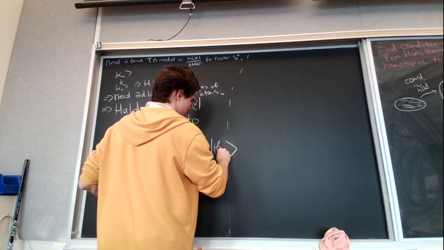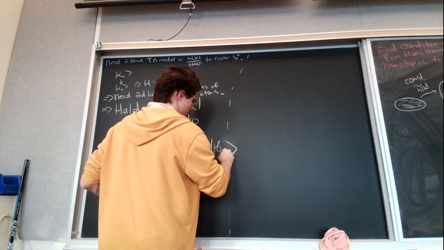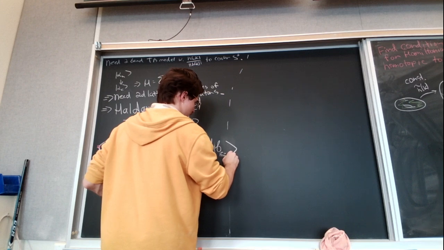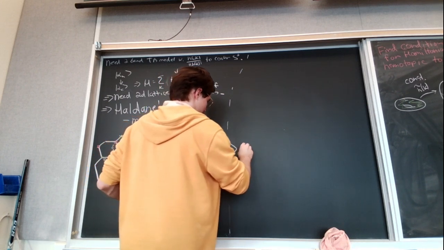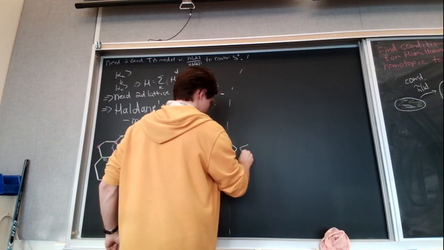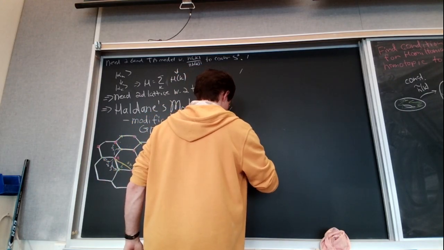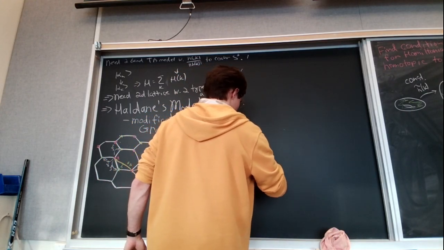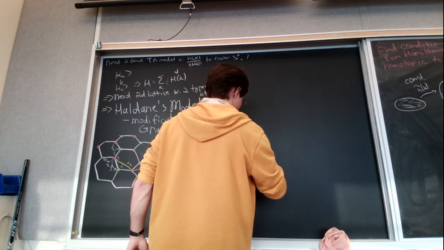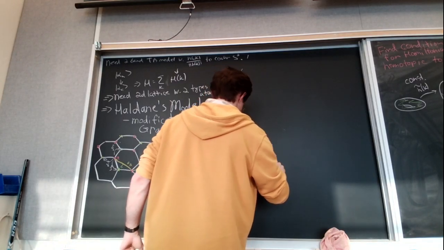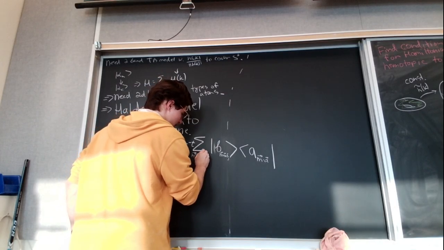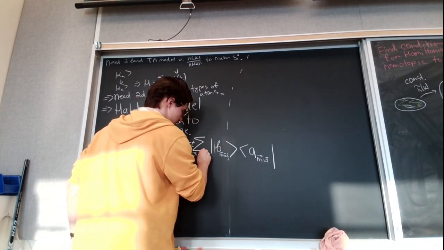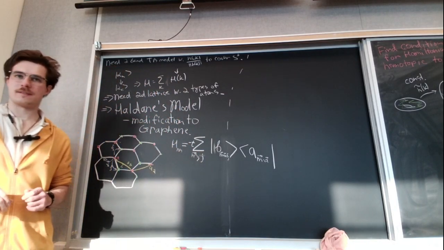At position m dot a plus delta j, and then I will be hopping here from the A type of atom at position m dot a. Okay, and I need to sum over the m's and the j's. Do you agree?